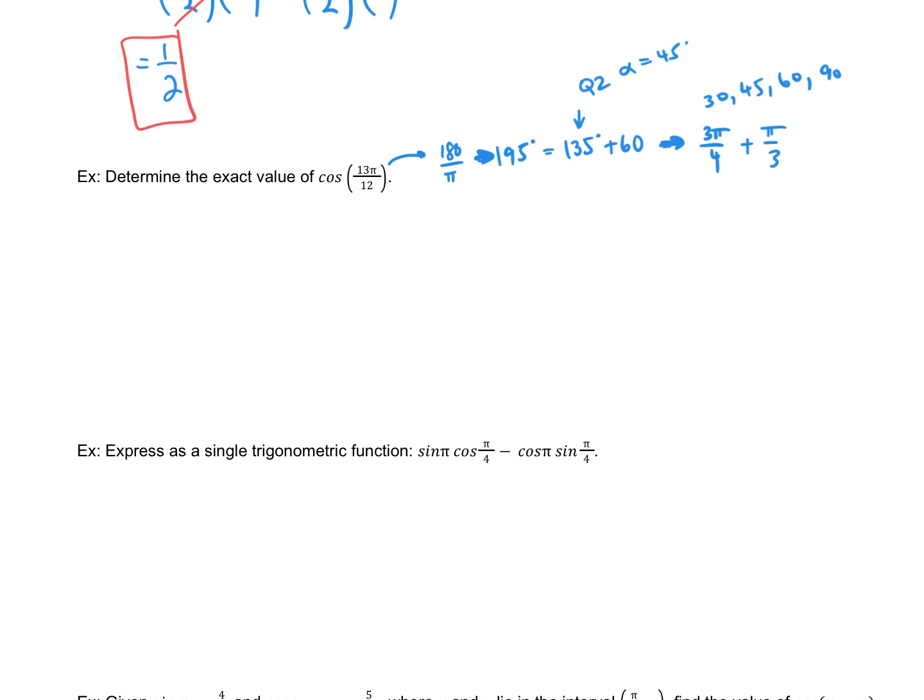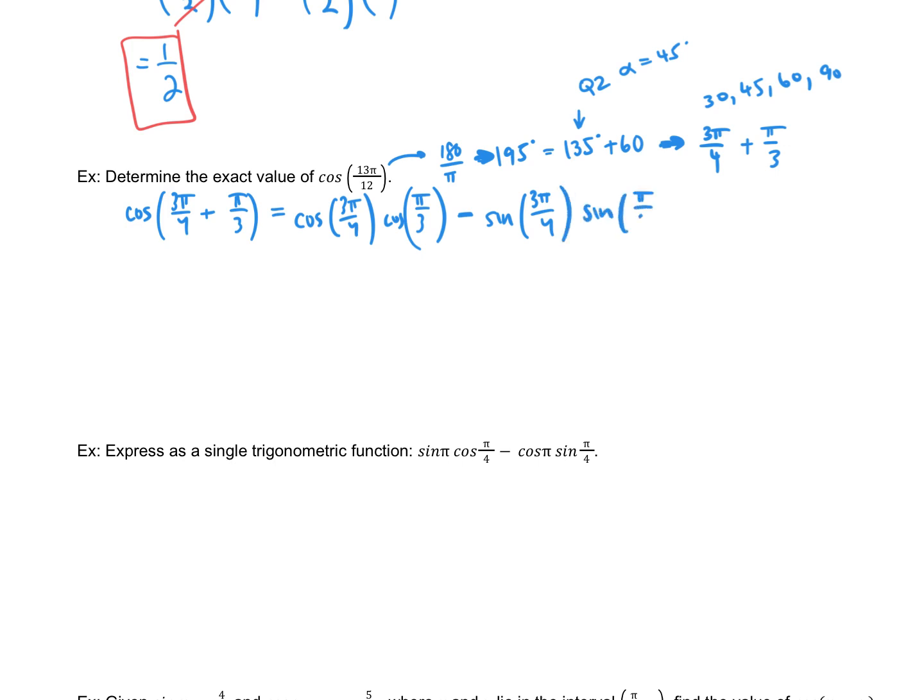Okay. So now we are trying to find cos of 3 pi over 4 plus pi over 3. So we have cos A cos B minus sine A sine B. And now again, we're using our special triangles.